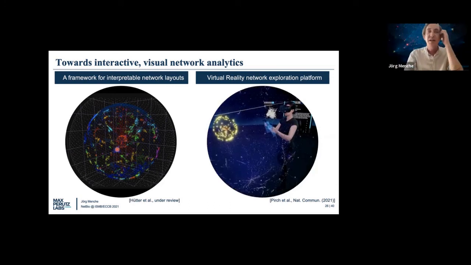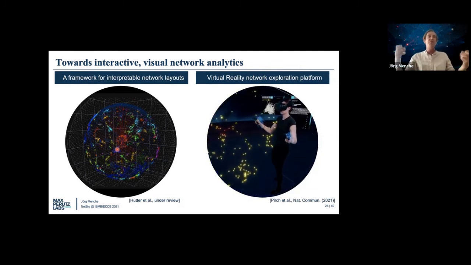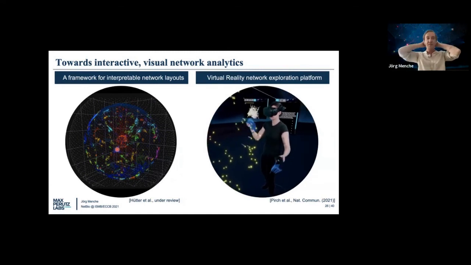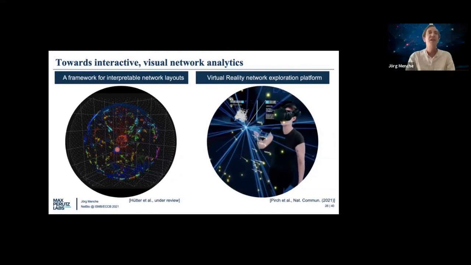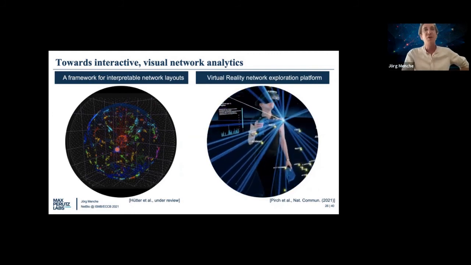And the second part is to use immersive technologies where you can really blow up the size of these very messy hairballs to a cathedral, as my favorite metaphor, in order to really inspect all its parts, going from local structures that you can zoom into to global patterns that you can also observe.